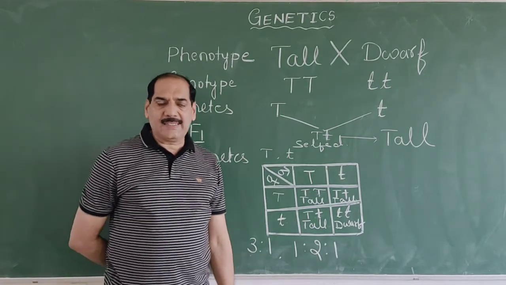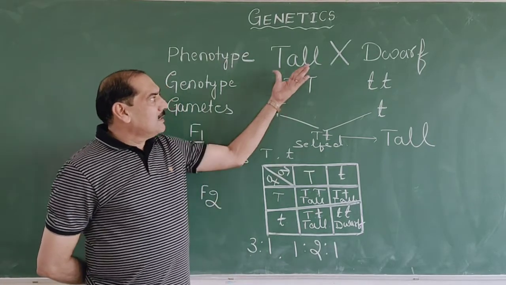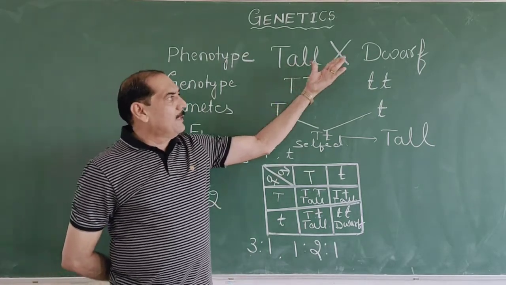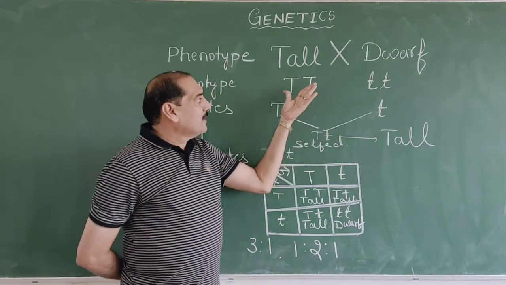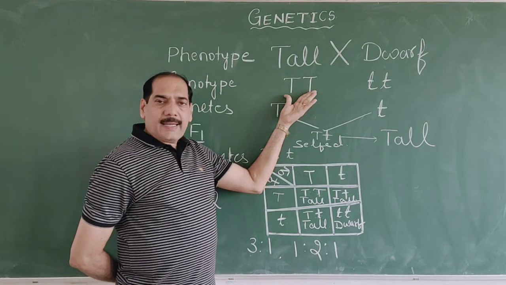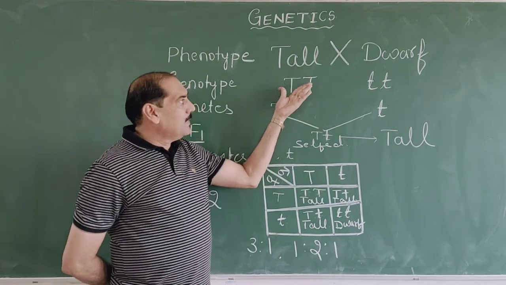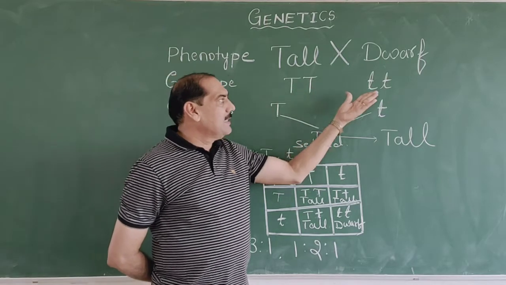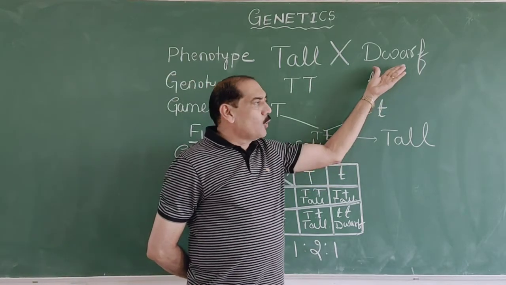In this cross, Gregor John Mendel crossed tall variety of pea plant with a dwarf variety. Capital T denotes tallness. It is a dominant character. Small t denotes the dwarf character.